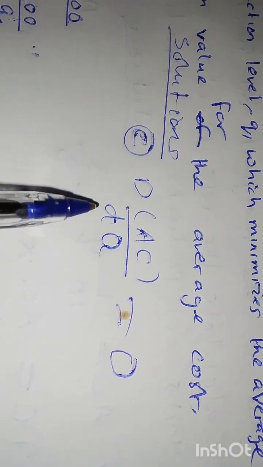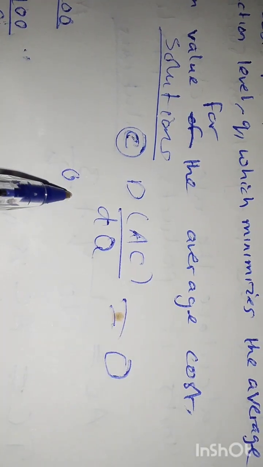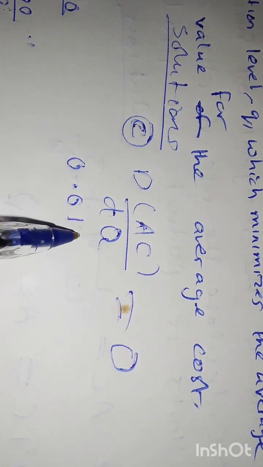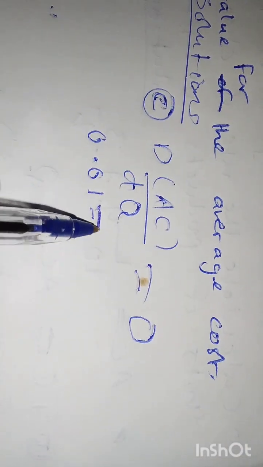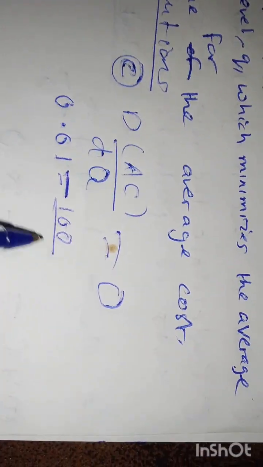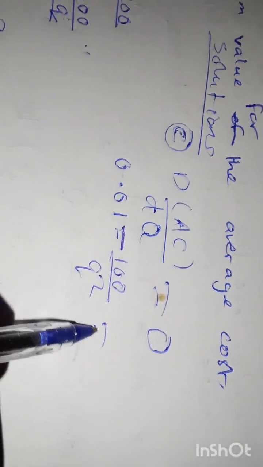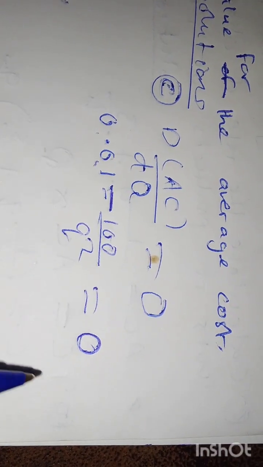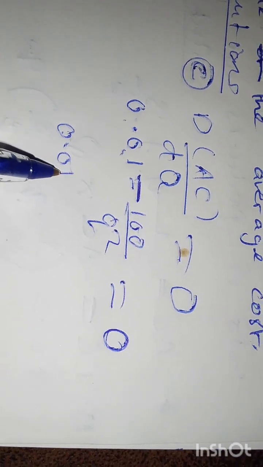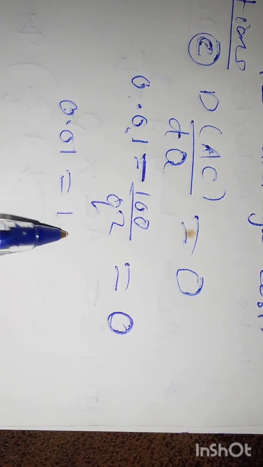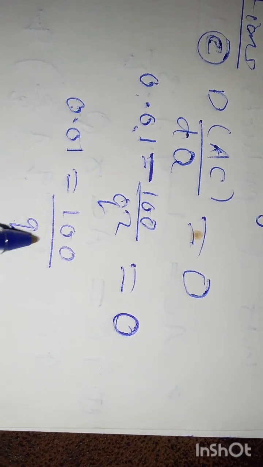So it will be 0.01 minus 100 over Q squared is equal to 0. We can cross this to the other side so that it becomes negative: 0.01 is equal to 100 over Q squared.